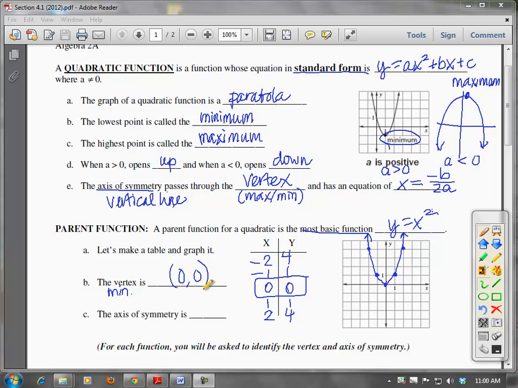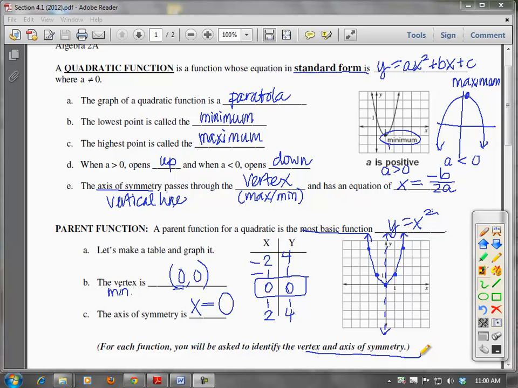The axis of symmetry comes from the vertical line that cuts your graph in half, so you see the mirror image on one side of the other, and that is the equation x equals, and you always take the x coordinate of your vertex, so x equals 0. Okay? Every question we do, you'll need to tell me both the vertex and the axis of symmetry, so keep in mind as we go through that those are things we're looking for.